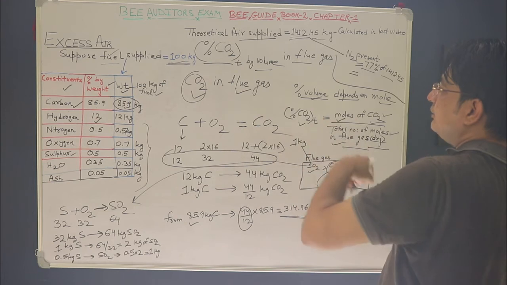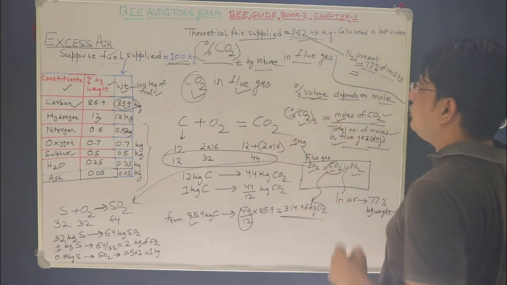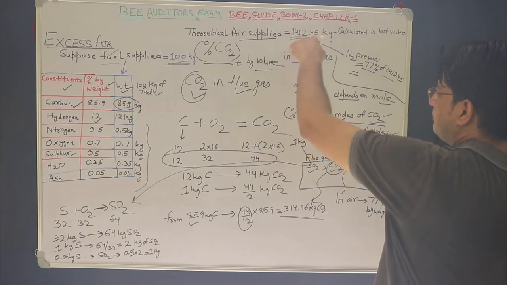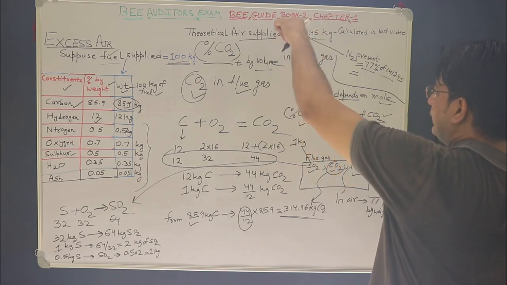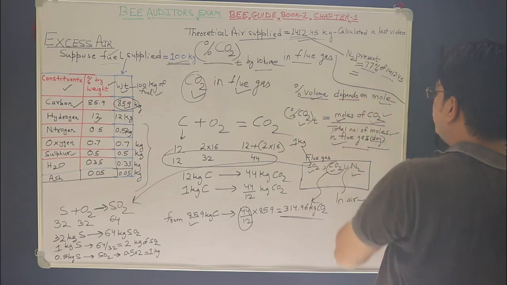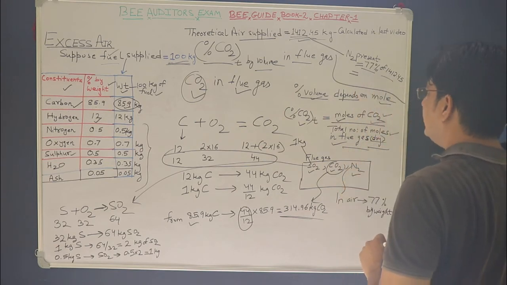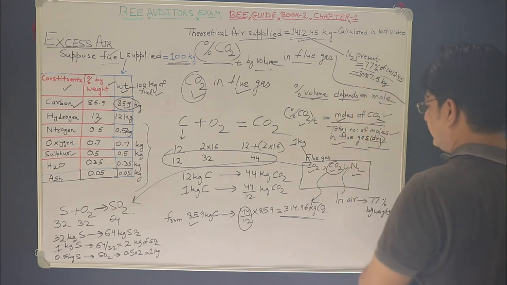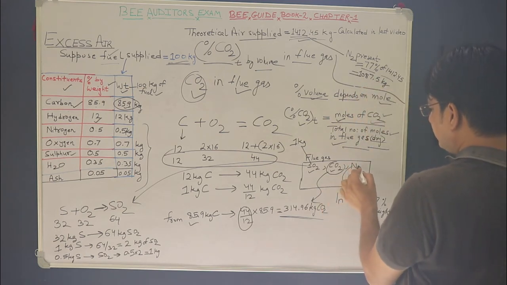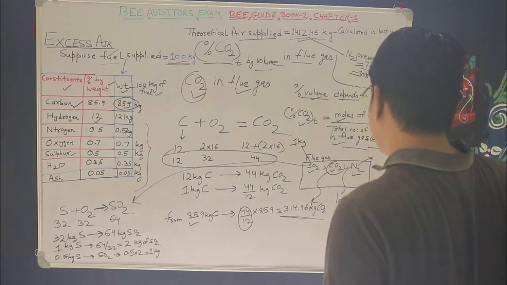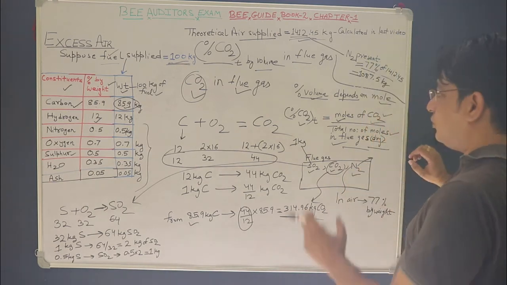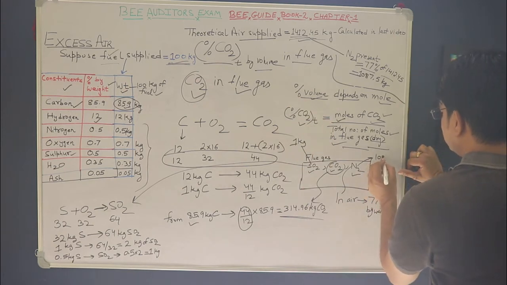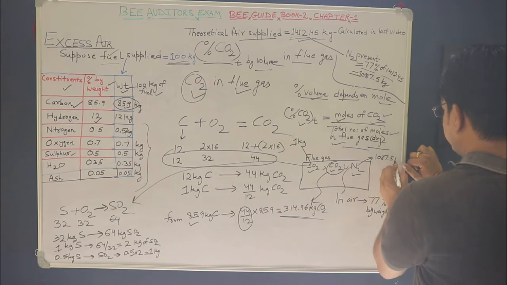So accordingly the nitrogen present in this much air will be 77% of 1412.45 kg and it will come as 1087.5 kg. So the value of nitrogen that will be present in the flue gas for the combustion of 100 kg of fuel will be equal to 1087 kg.